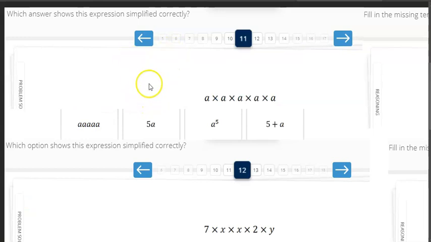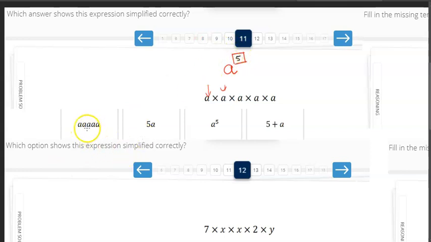So right here, we have a question: which answer shows the expression simplified correctly? Instead of it being added, like in the previous example, it's being multiplied. And remember, when like terms are being multiplied, it's going to be a to the power of whatever number of a's there are being multiplied. In this case, there are 5. So this would be a to the power of 5.